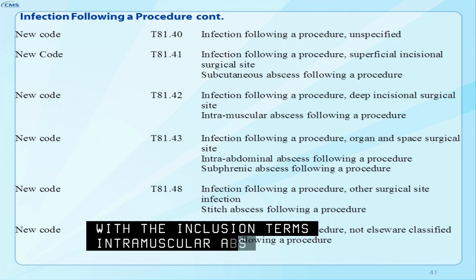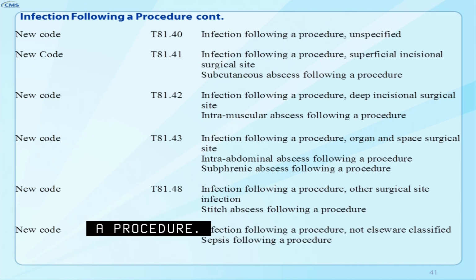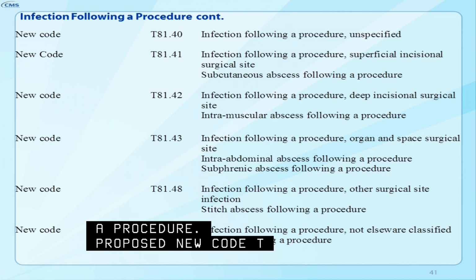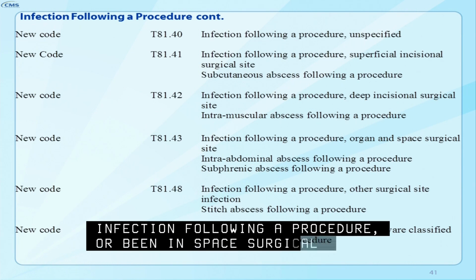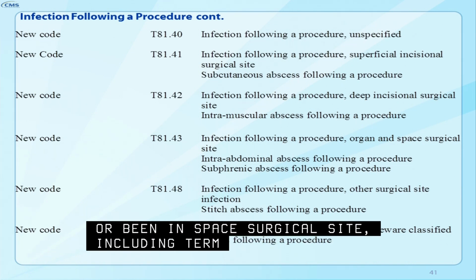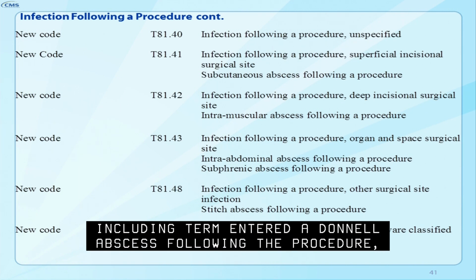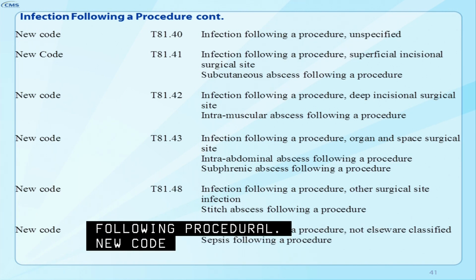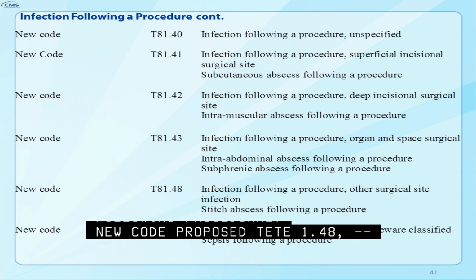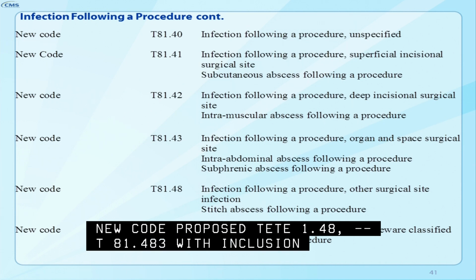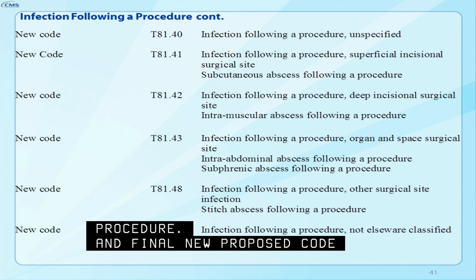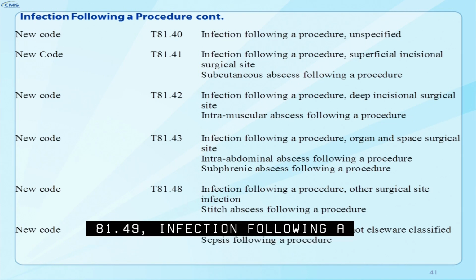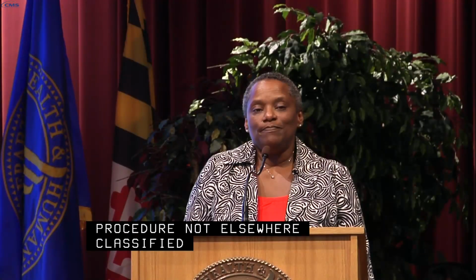Proposed new code T81.43, infection following a procedure, organ and space surgical site, inclusion terms intra-abdominal abscess following a procedure and supraphrenic abscess following a procedure. New code proposed T81.48, infection following a procedure, other surgical site infection, with inclusion term stitch abscess following a procedure. And final new proposed code T81.49, infection following a procedure not elsewhere classified, and sepsis following a procedure. Do we have any questions?